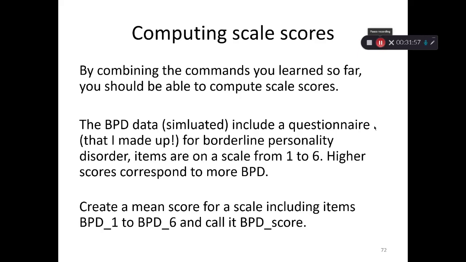Higher scores correspond to higher borderline personality disorder in general, except for the items that are marked by _R, which are reverse scored. So I want you to load the data BPD and then create a mean score for a scale, including the items from BPD1 to BPD6. So BPD1, BPD2, BPD3, 4, 5, 6, and call it BPD score.